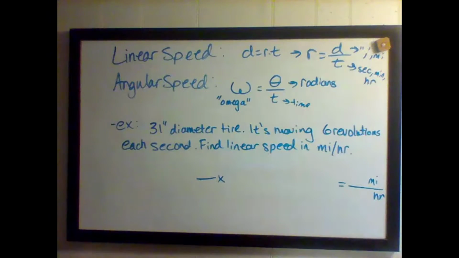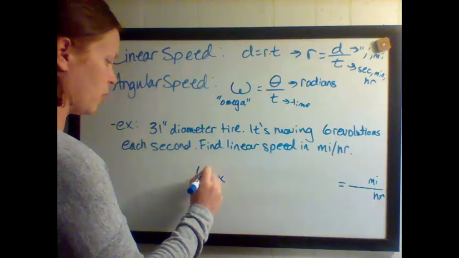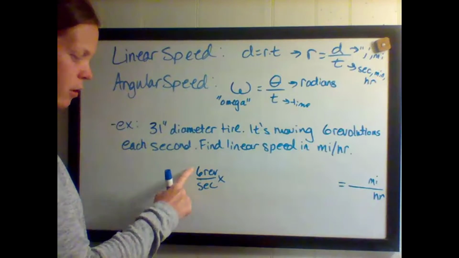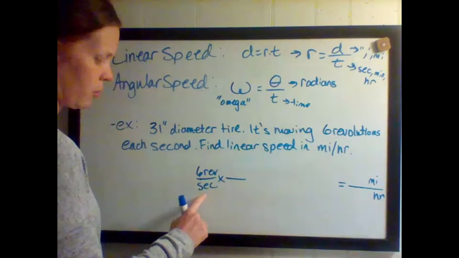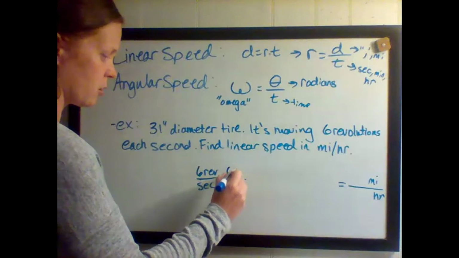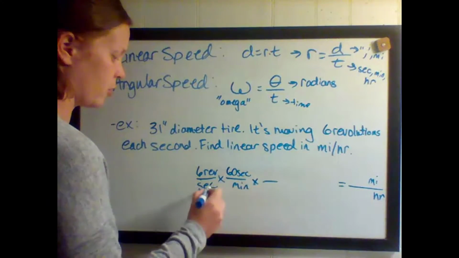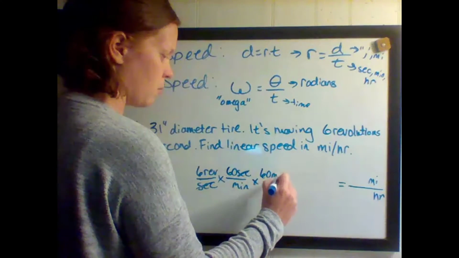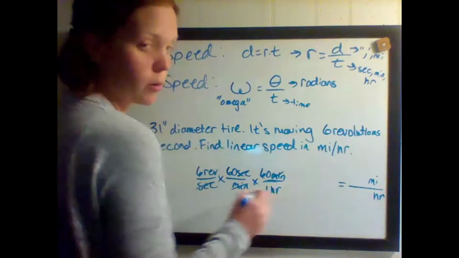So the information I know right now, I've got 6 revolutions per second. Well, let's take care of the time one for now. There's 60 seconds in a minute, so that cancels out the seconds. There's 60 minutes in an hour. So now I've got my hour unit that I want.